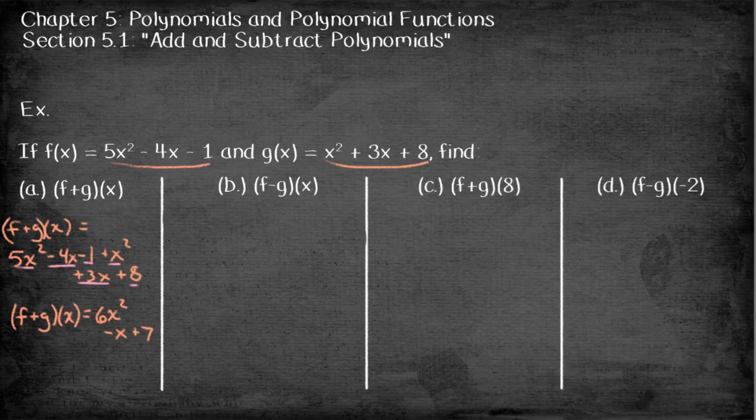If we wanted to compute f minus g of x, we would be doing pretty much the same thing. However, I want to bring your attention to this part over here. When we subtract two functions, we are subtracting the entire expression that defines the function. So we are subtracting all of x squared plus 3x plus 8, which means we've got to distribute our negative signs.